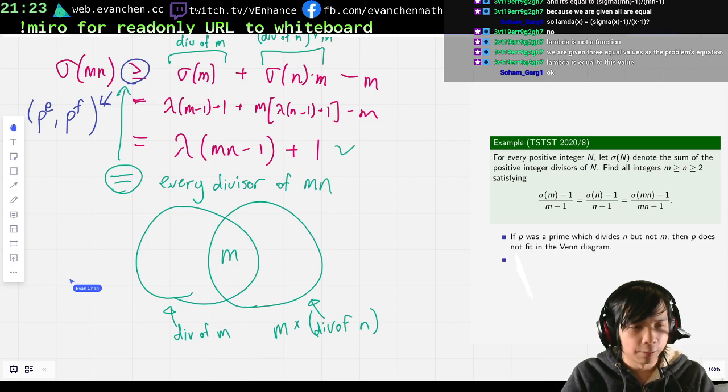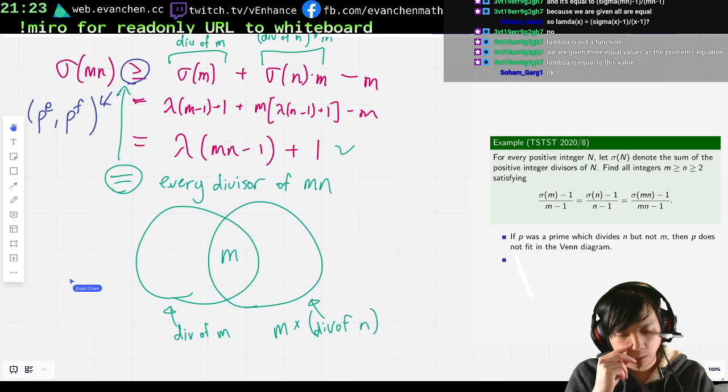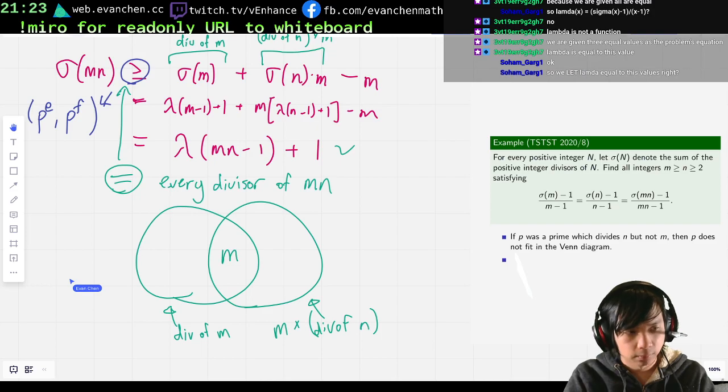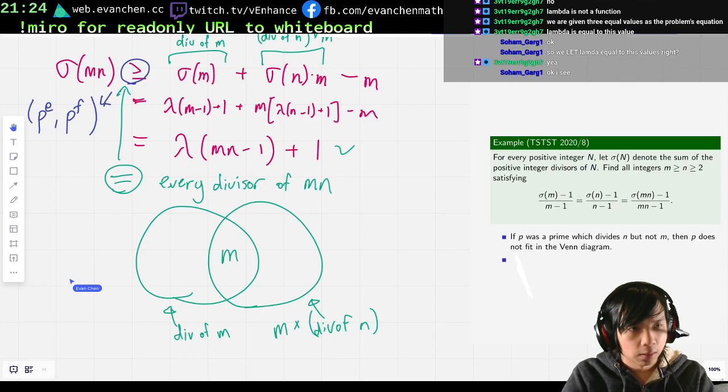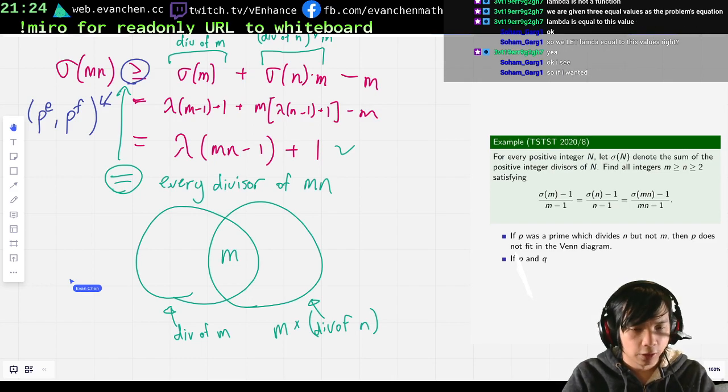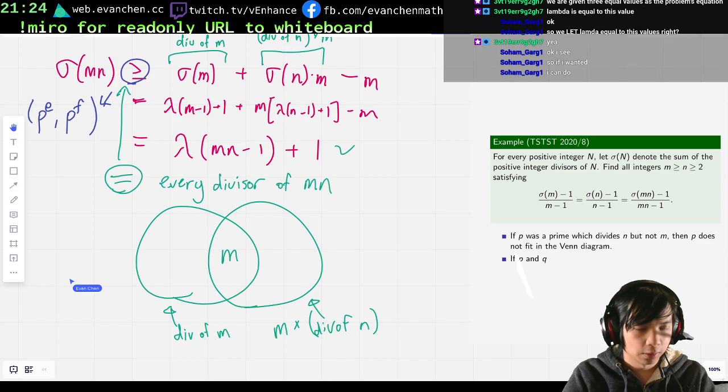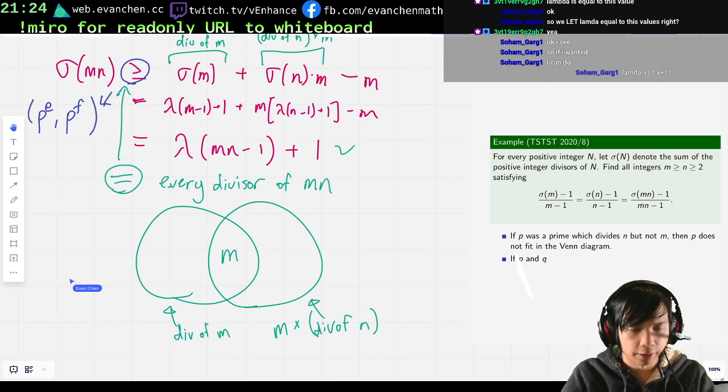Also, what happens if m and n have the same primes but there's more than one? If p and q are different primes which divide m, then there's going to be a prime that doesn't fit in the Venn diagram.